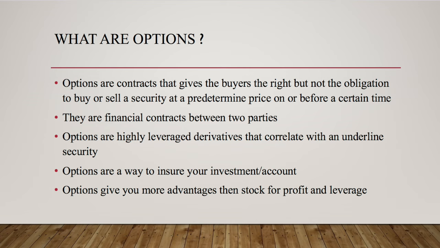So basically, what I'm trying to say in simple English is that an option is a contract, okay, allowing the buyer the right, but not the obligation, to buy or not to buy a security or to sell or not to sell a security at a known price, which means the strike price, in a known predefined time frame known as the expiration date.